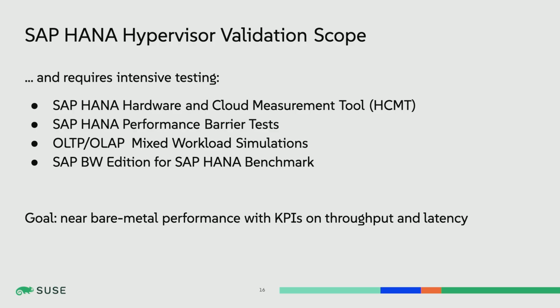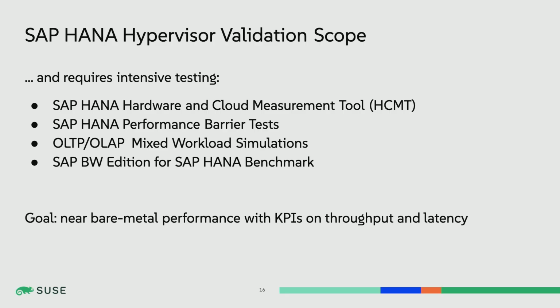The scope of such a validation is this. We have to run 4 different benchmarks, and let me go through them. The first one is called HCMT. Some of you who have worked with SAP software and benchmarking in the past may know it. It's a hardware and cloud measurement tool. It's basically a storage test.